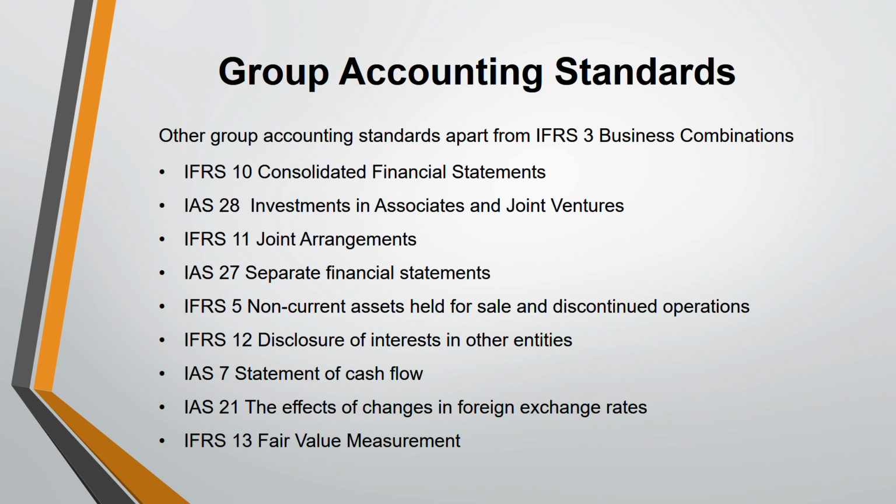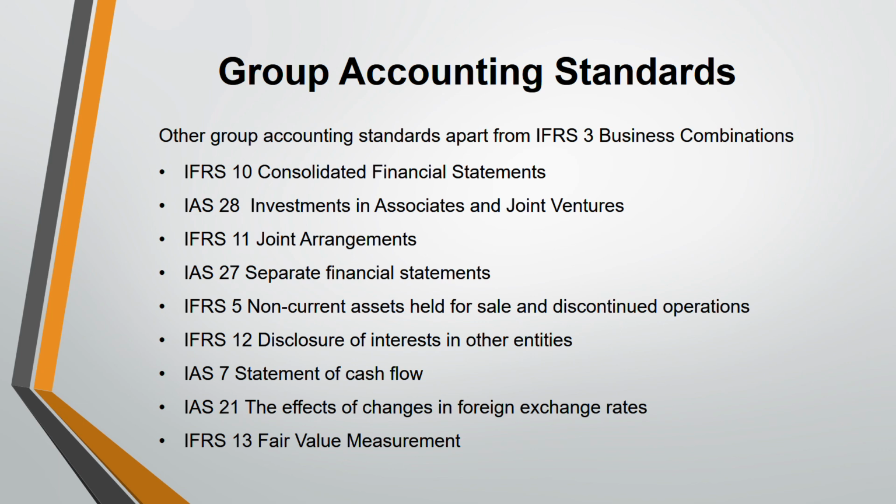Before I conclude, these are some other group accounting standards that you need to go through and understand in order to do just question number 1, which is for 30 marks. In order to pass with good marks in question number 1, you have to go through all these other standards related to group accounting. IFRS 10, consolidated financial statements.